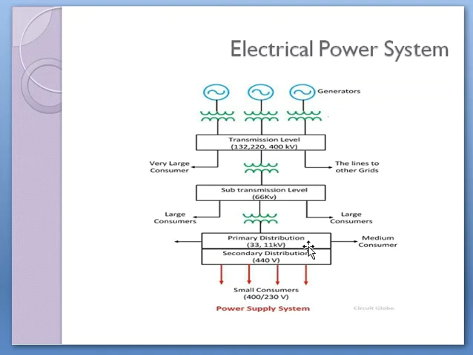So we can see the beauty of the electrical power system, that power is generated in one corner of the world or the country, where it is transmitted to another corner of the country through the transmission lines.